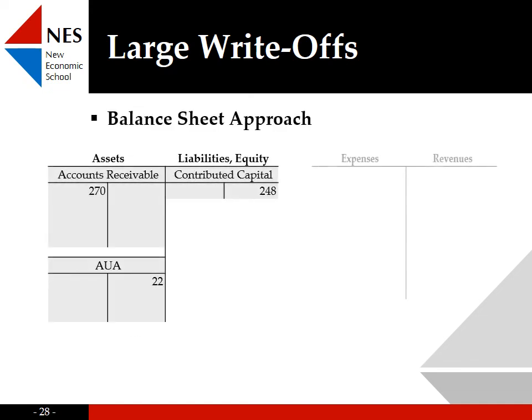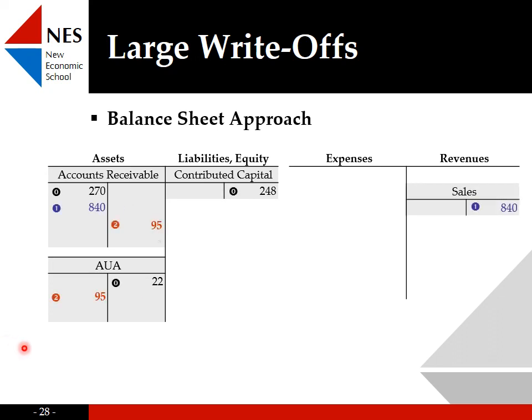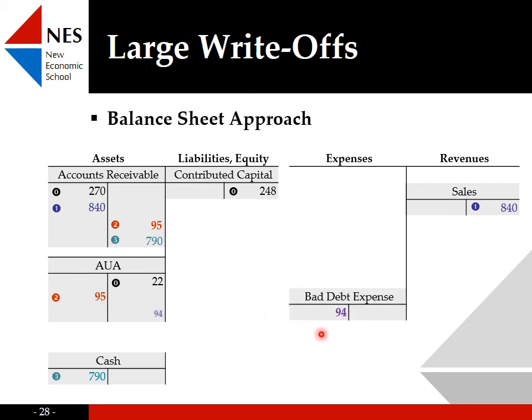The way these transactions are going to be recorded in the T accounts is going to be exactly the same as in the base case, but for the fact that now we have 95 worth of write-offs, and as a consequence of that, we need to recognize a much larger bad debt expense to make sure that the ending level of the allowance for uncollectible accounts is at the level that is required by the bad debt policy.